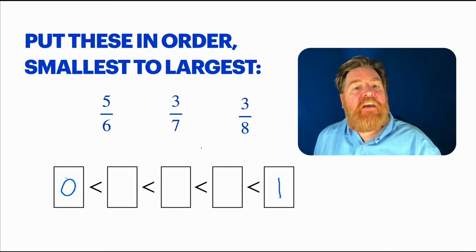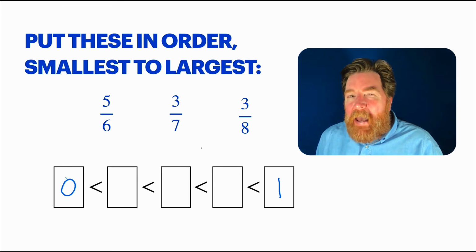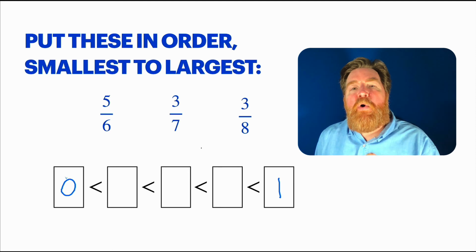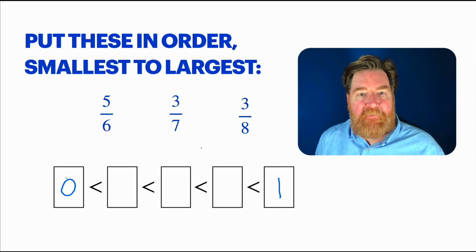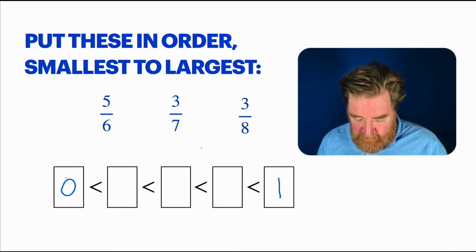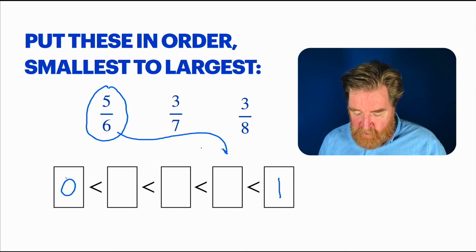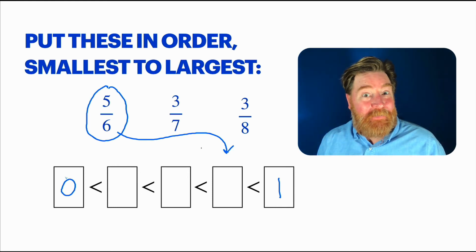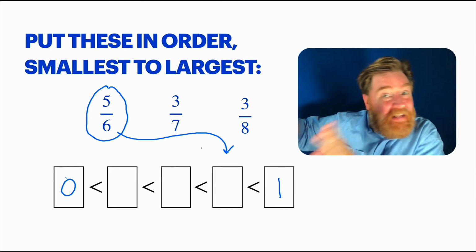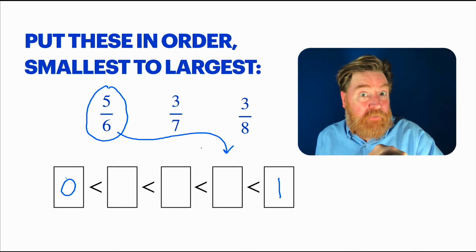And take a look at the other two fractions, 3/7 and 3/8. See if you can convince yourself those are both less than a half. So what I know right now is that 5/6 needs to go in that spot right there. Since 5/6 is bigger than a half and the other two are less than a half, 5/6 is going to be the biggest of those three fractions, right?